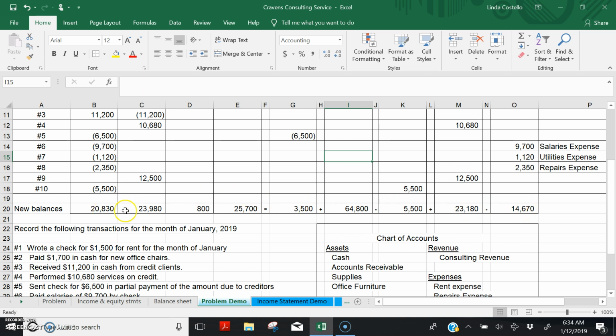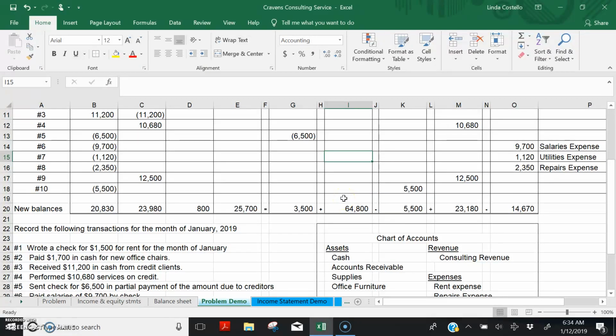Well, if I total all of those 4 asset accounts, I get $71,310, and $3,500 plus $64,800 minus $5,500 plus $23,180 minus $14,670 also equals $71,310. So both sides of the equation equal the same dollar amount, and our books are in balance after posting the business transactions for the month of January.